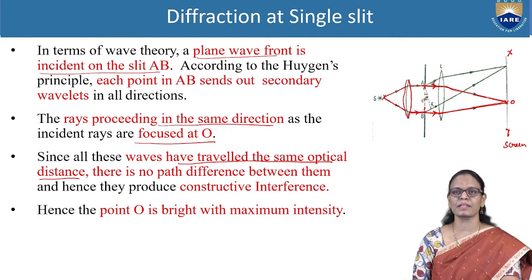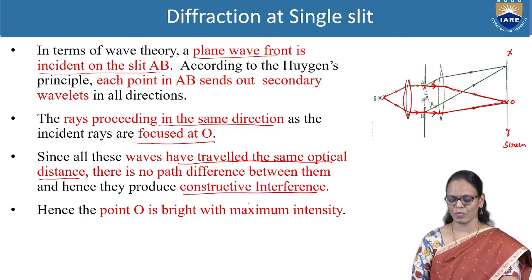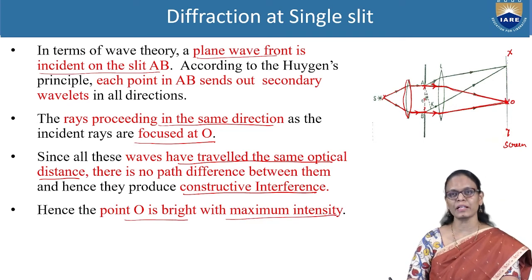Because they are traveling the same distance, there is no phase difference. So there is constructive interference. Whenever there is constructive interference, it gives rise to a bright band with maximum intensity. So at the point O, what we get is a bright band with maximum intensity.